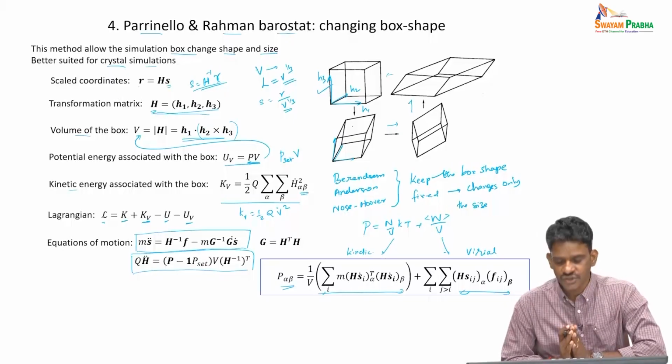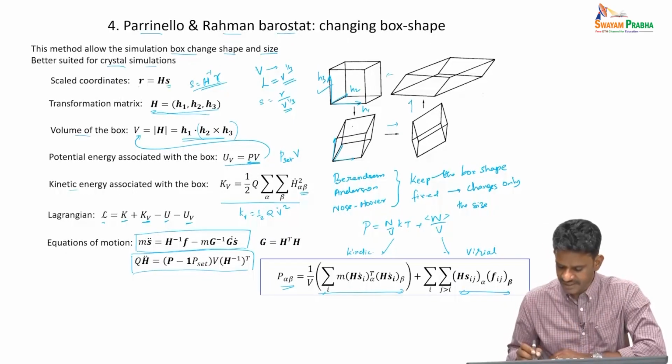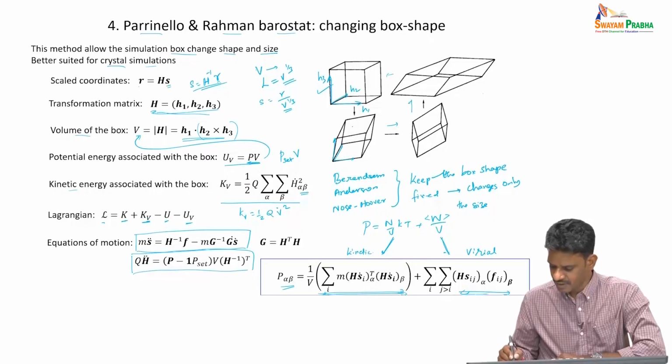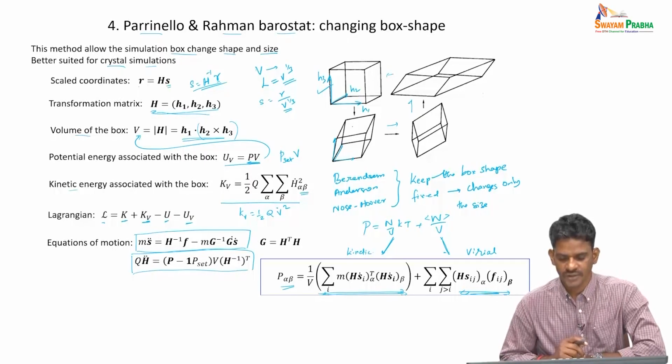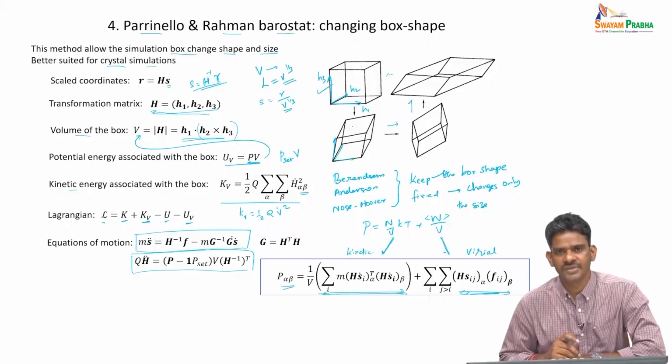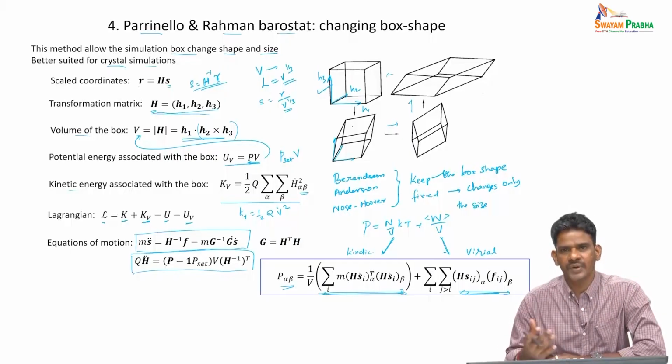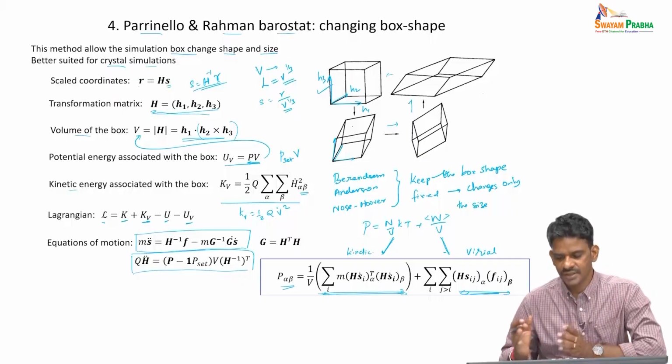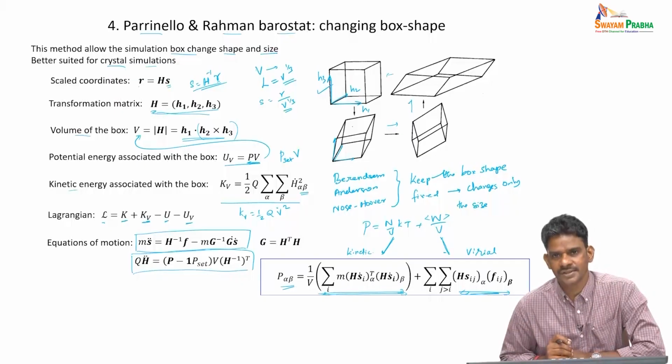It's going to change its shape and size, and then we write in component forms. So this kinetic term now takes a little more detailed expression here. Similarly, the virial term is written here. So, the Parrinello-Rahman barostat, when you invoke it in your MD simulations, you are basically allowing the system to sample its shape as well as the size of the box.